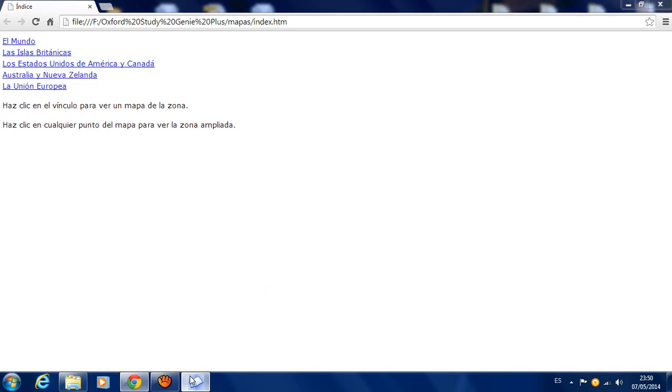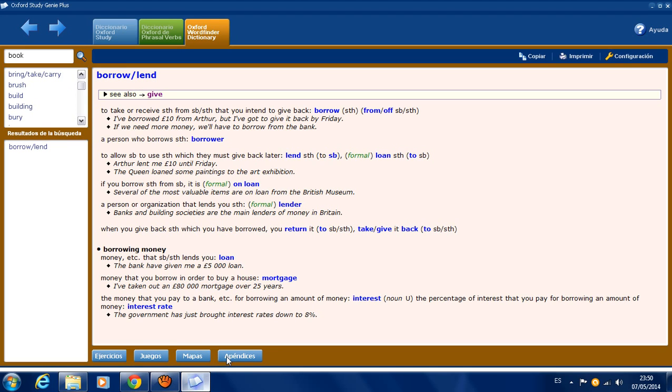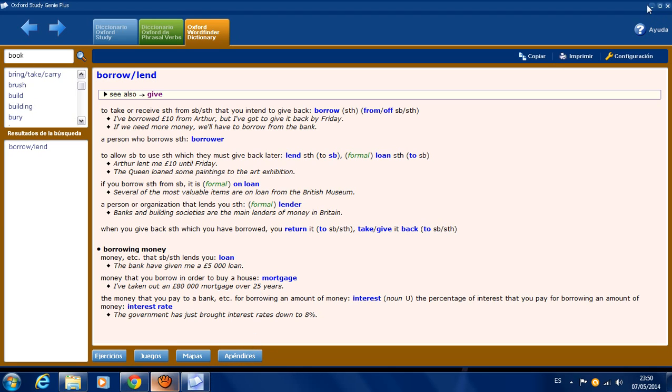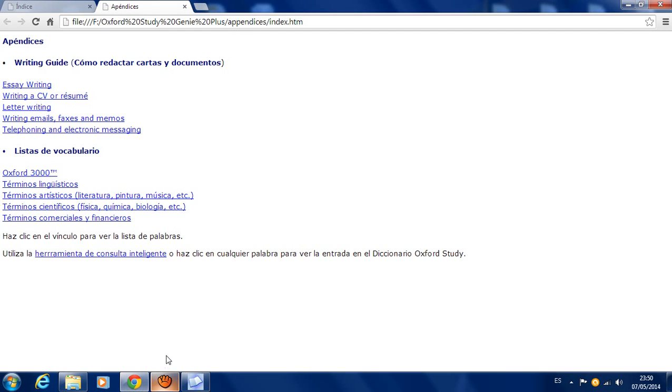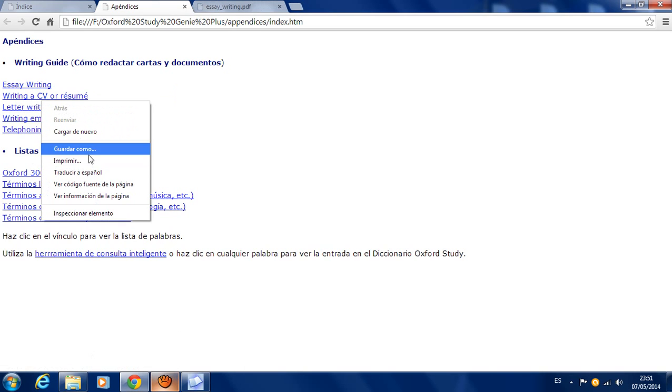We have maps, and we have appendices, which is a guide for studying even things that are related to writing, essay writing, writing a CV or resume, or résumé, how we would say in French, I don't know.